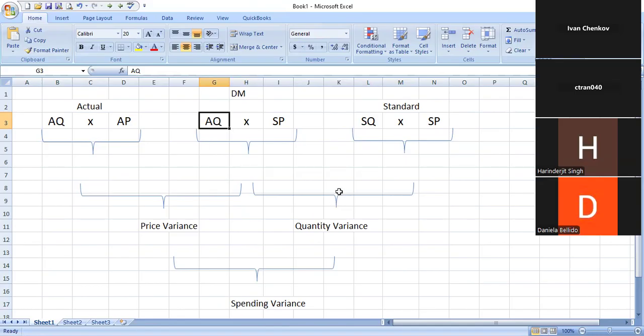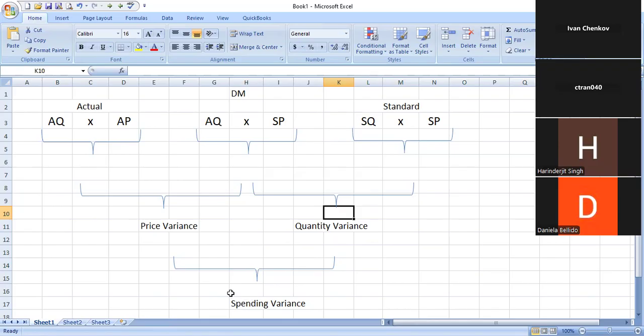And that's how we're going to isolate and see the variance between those two numbers only because of the quantity change. And here we're going to see the variance due only to the price change. Obviously, the difference between the actual and the standard will be our spending variance.